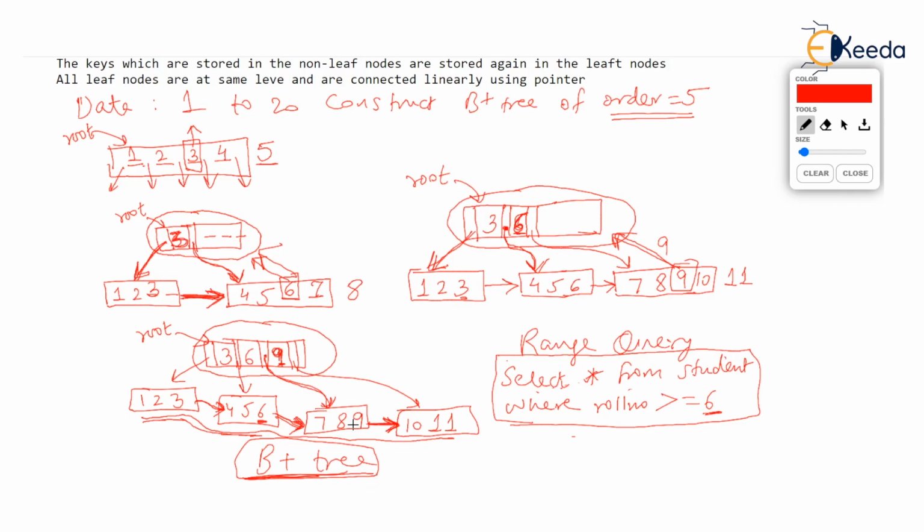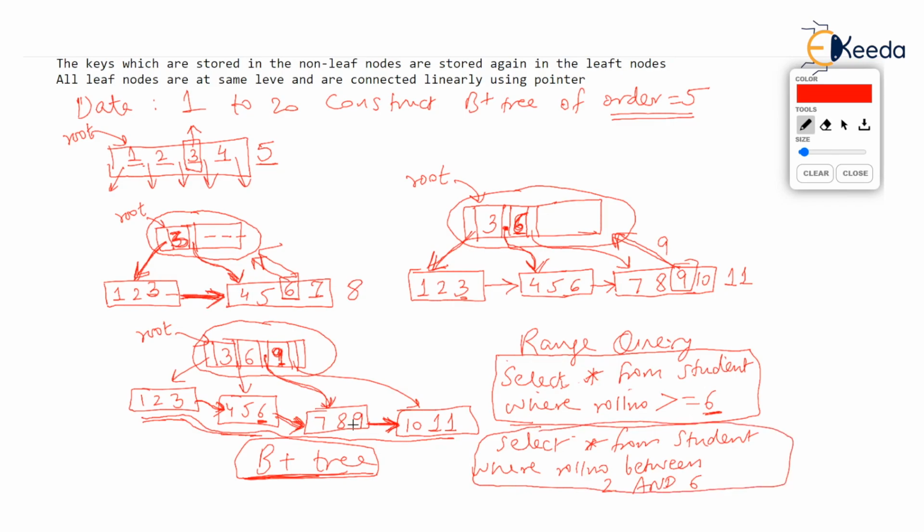For instance, let's say you write: select star from student where roll number between 2 and 6. Believe me, there is a query like this in SQL, that is DBMS. Now you want to search all the roll numbers from 2 to 6, where 2 and 6 are inclusive.